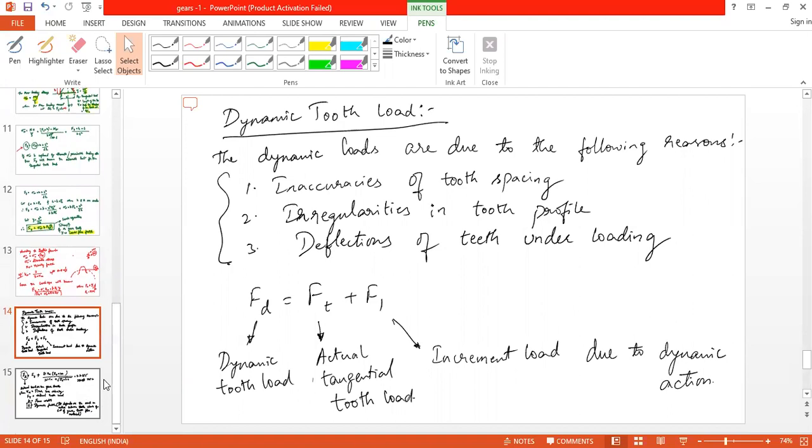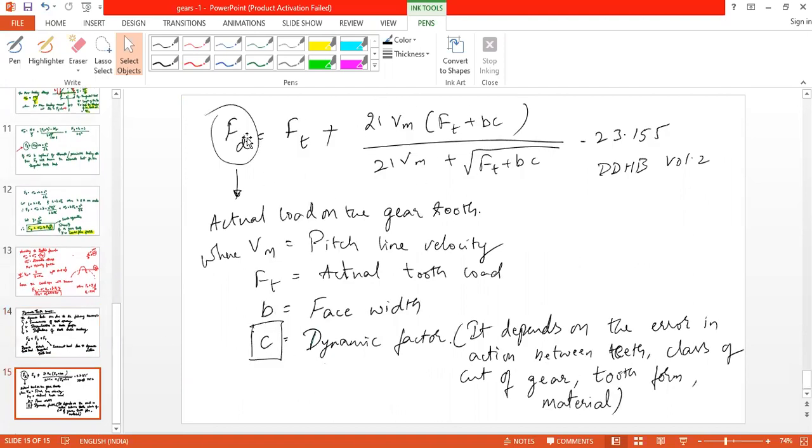So by using this equation, we can calculate the dynamic tooth load, and this dynamic tooth load will lead to fatigue. Okay, this dynamic tooth load gives rise to surface fatigue, or it leads to wear. Okay, wear on the surface.